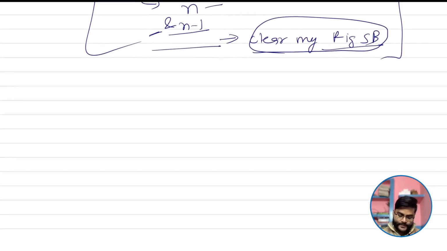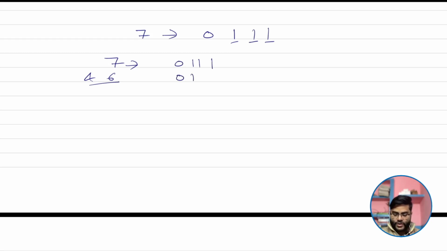How? Let's see. Let's say we have 7. 7 can be written as 0111. Now I want to count the number of set bits in this. If I do n AND n minus 1, n is 0111 and n minus 1 is 0110, and the AND will be 0110.